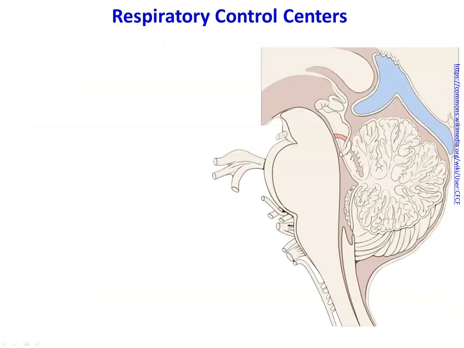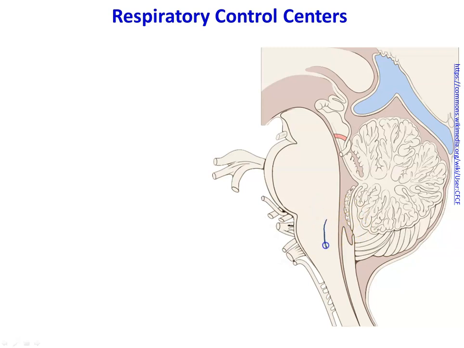All right, now what I want to do is talk about these respiratory control centers, and we've been doing this since the CNS lecture, but I'm just going to get into a little bit more detail. So remember, down here, that's the medulla oblongata. So I have a few nuclei that are facilitating ventilation rate, and I'm going to draw one of them right here.